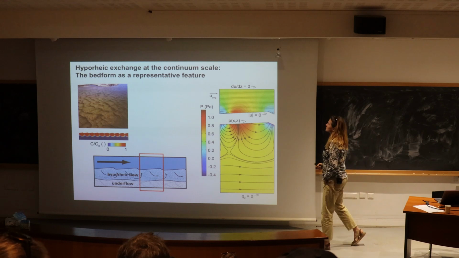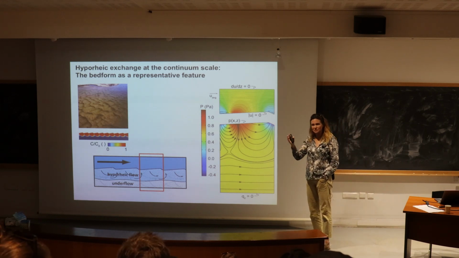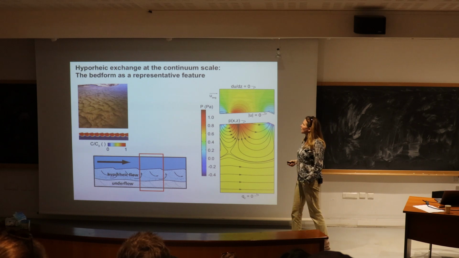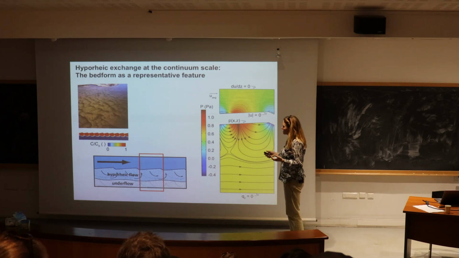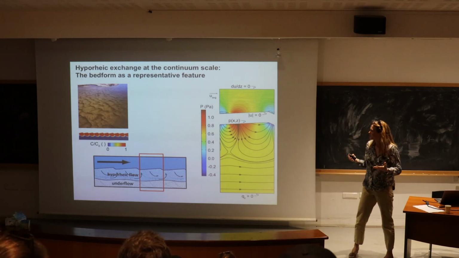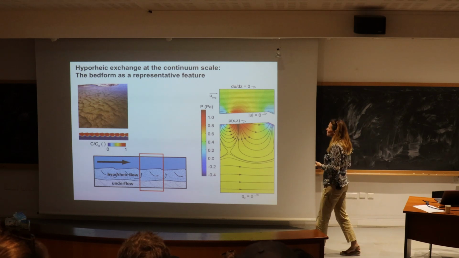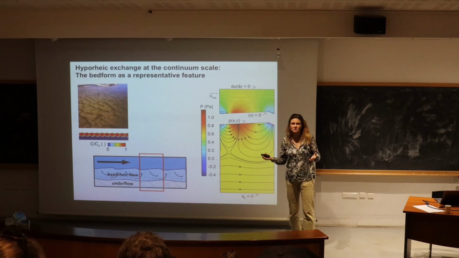We can represent this flow that is essentially self-similar in nature by thinking about the bed form as a representative feature. When you look at streams, they have different features that contribute to roughness, but one common one, especially in sandy beds, but also in gravelly beds or muddy beds, are bed forms.